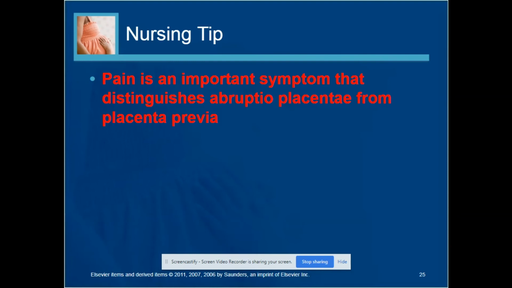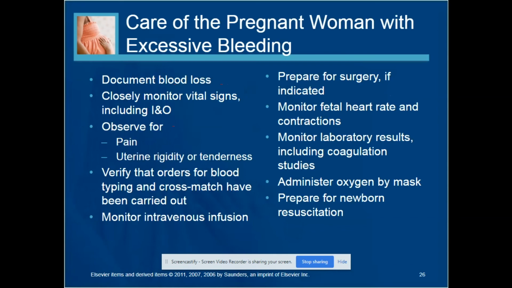In placenta previa, the placenta is implanted in a place that is inappropriate, such as covering the cervical os. When the cervical os starts to open during labor, that's when the placenta is irritated and starts to bleed and causes problems. So that's painless bleeding, not pain at the time.